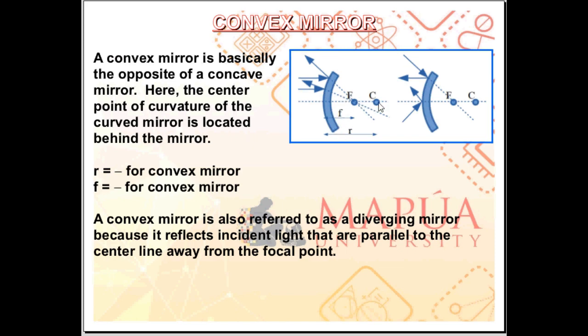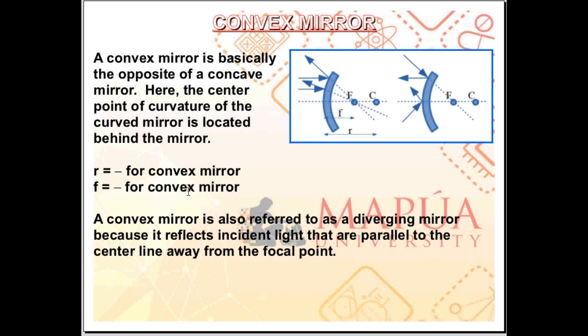Since the center point is behind the mirror, the radius of curvature is negative. Focal length is also negative. The focal point is behind the mirror.